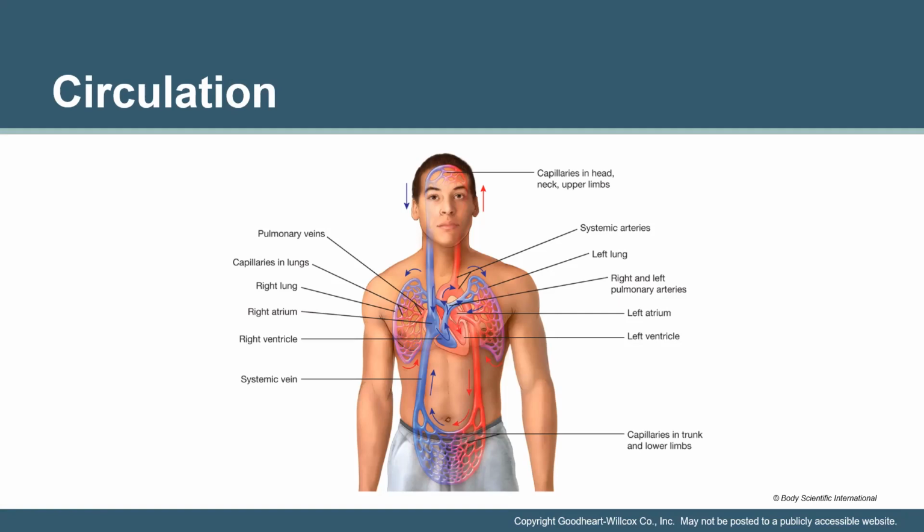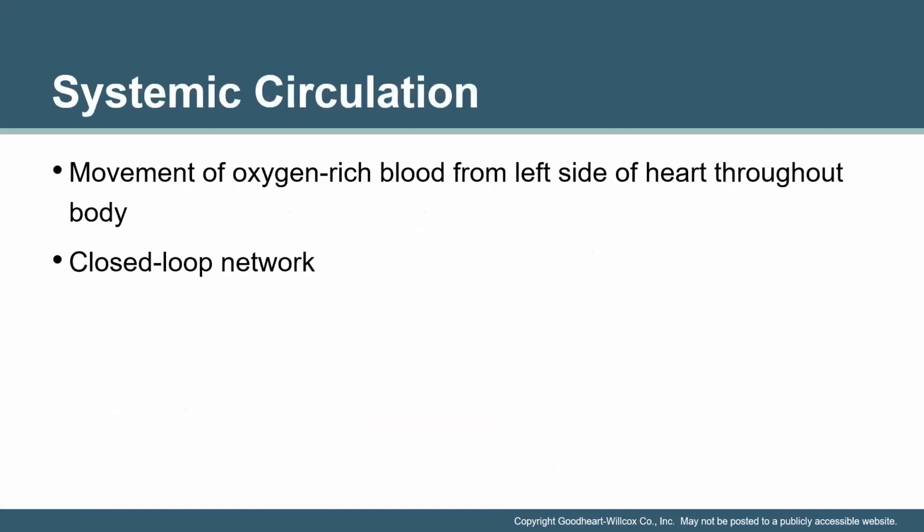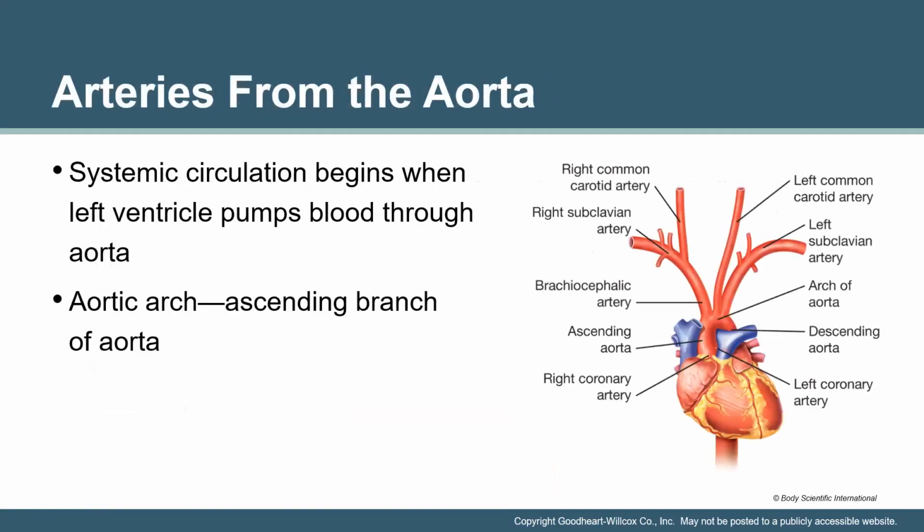So when we're looking at the arteries that come from the aorta, if you look at every picture, you're going to notice branches off of that aortic arch. The right and left coronary arteries will branch from the ascending aorta and supply the heart with blood.